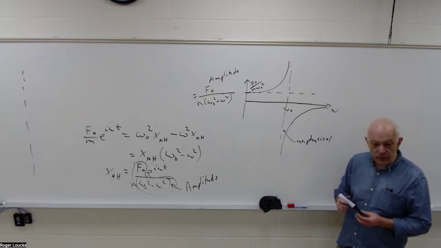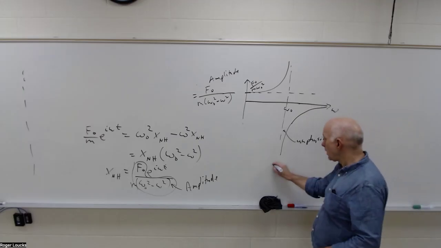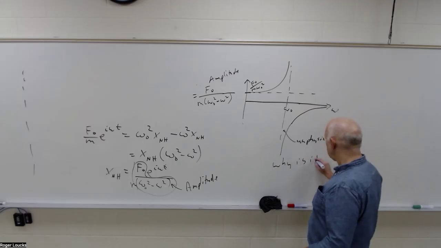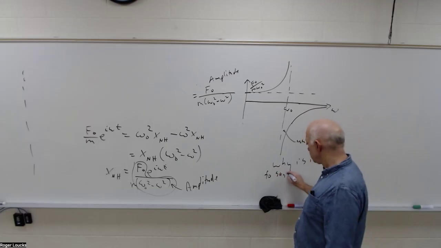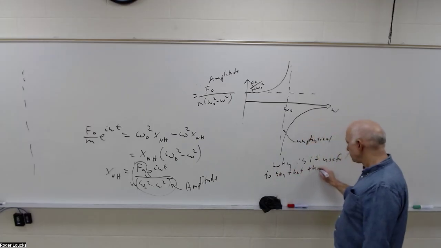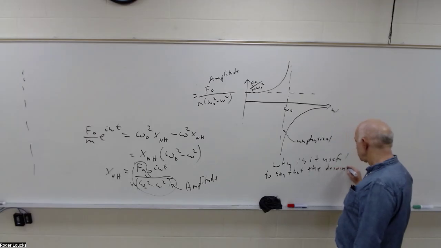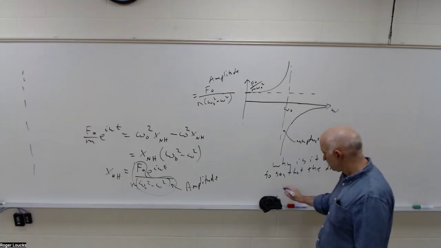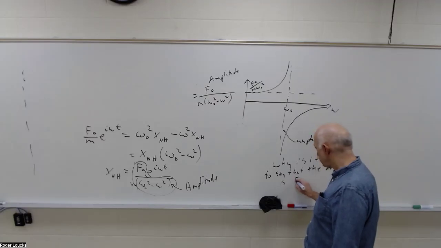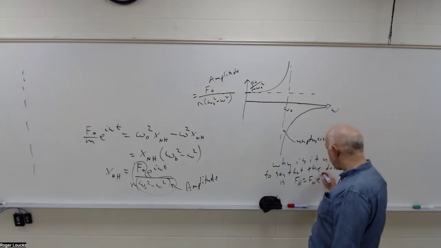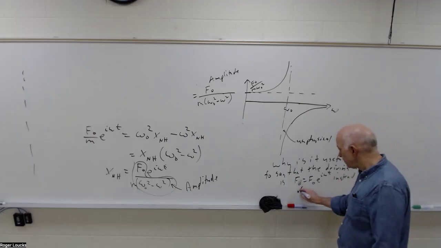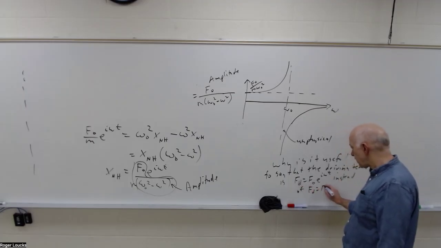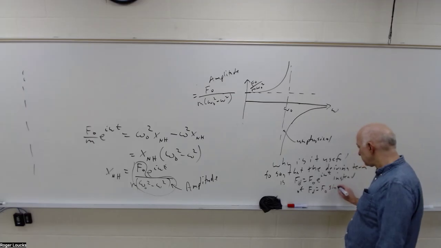Why is it useful to say that the driving term is F_D equals F naught e to the i omega t instead of F naught sine omega t?